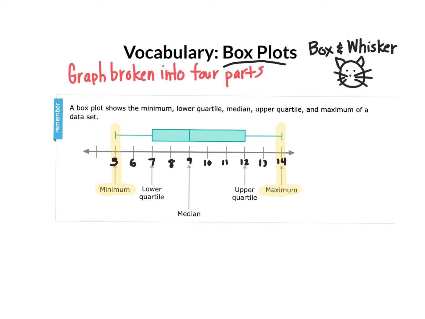And so the minimum and maximum, the minimum number is just the smallest number. It's the smallest number in the data set. Okay, so go ahead and write that down. The smallest number in the data set. And then the maximum number is the largest number in the data set.